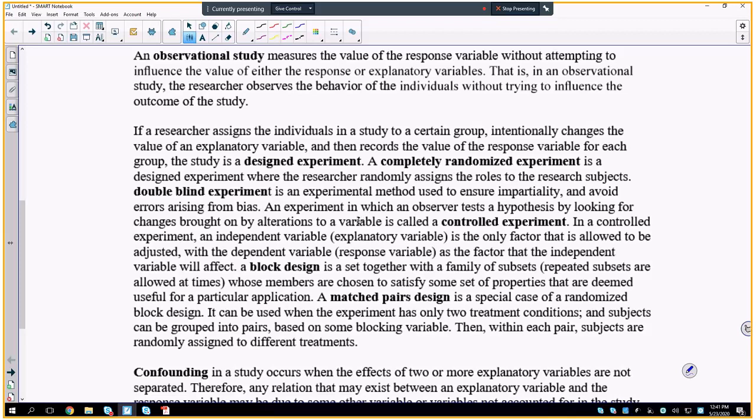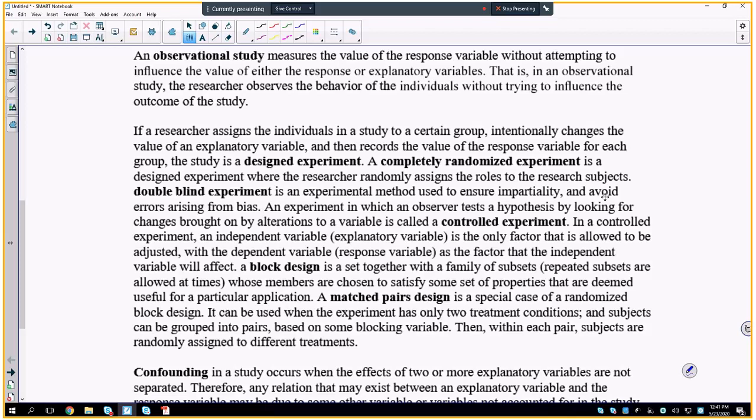A double-blind experiment is an experiment in which both the participants and the researcher don't know. So we're not double blind because the researcher is mixing the cups, he knows. An experiment in which an observer tests the hypothesis by looking for changes brought on by alterations is a controlled experiment. We're definitely doing that.